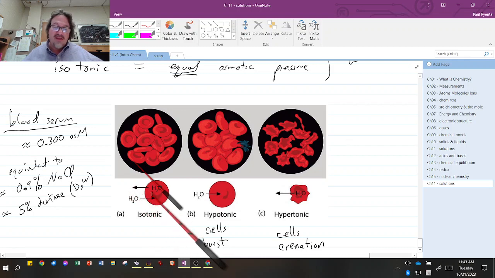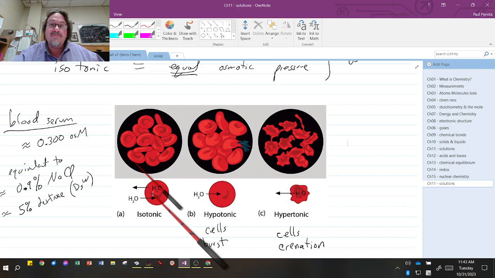The outside and the inside are the same, and so you're not going to get water doing a net flow in either direction. In other words, in your blood, the total concentration of stuff just out in the plasma, the liquid part of the blood, is the same as the concentration of stuff inside your red blood cells.